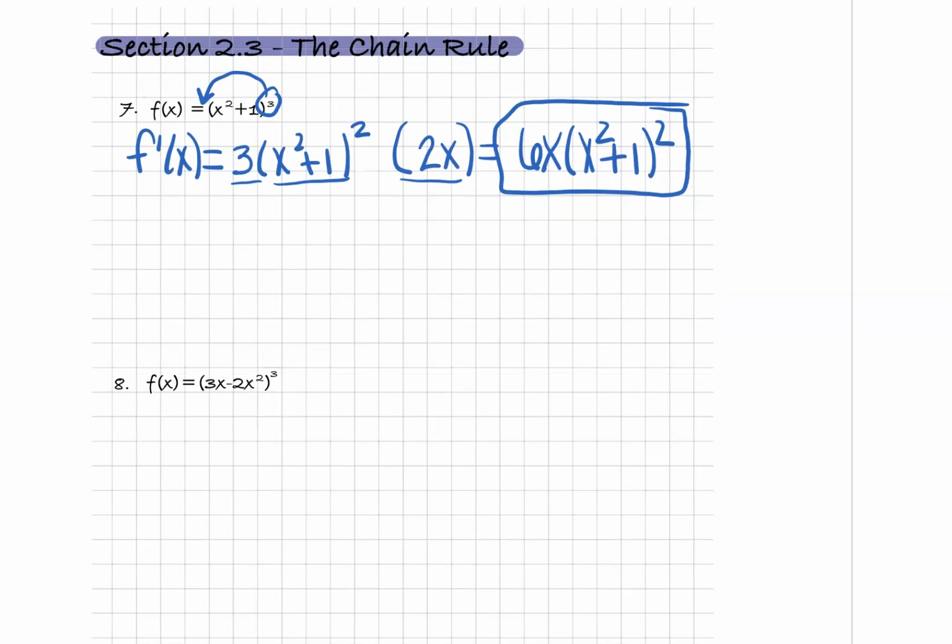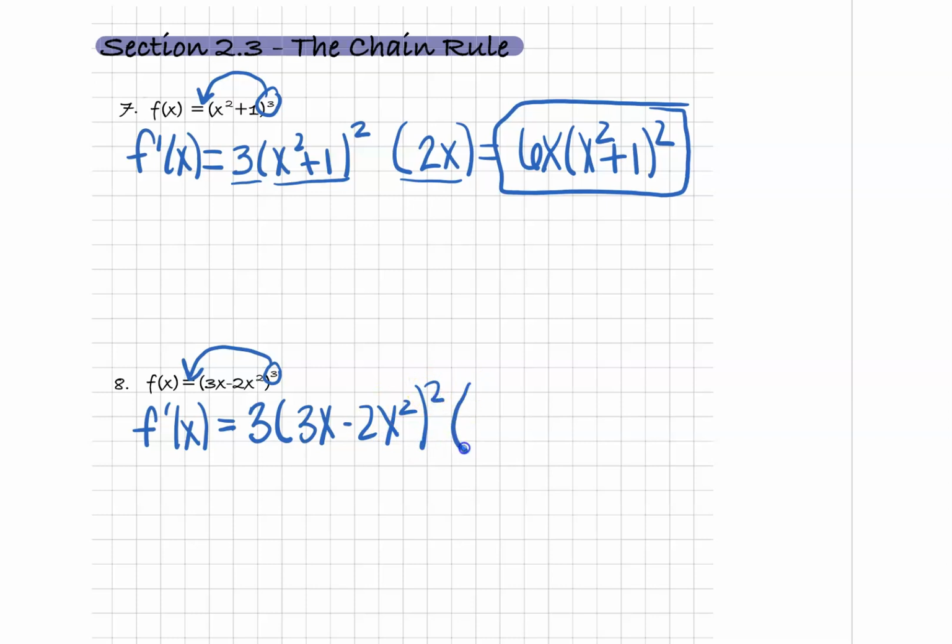Getting the hang of this? Hope it's going well. Look at f of x equal to 3x minus 2x squared to the third power. Again, we're going to execute chain rule, so we're going to work from the outside in. I'm going to take this 3 and bring it out front. This gives me f prime of x is equal to 3 times 3x minus 2x squared to the second power times the derivative of the inside, which is 3 minus 4x.